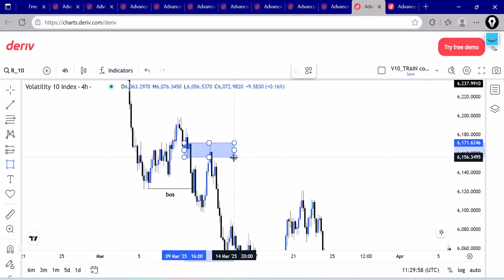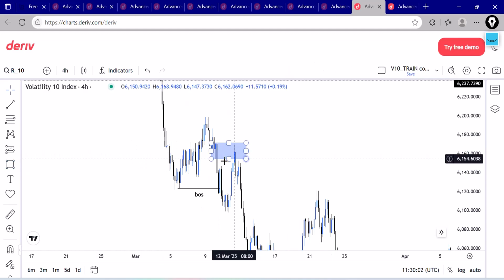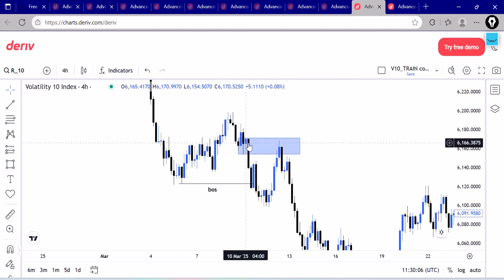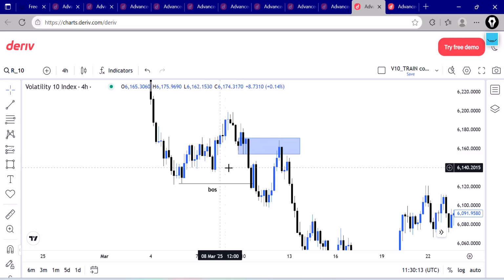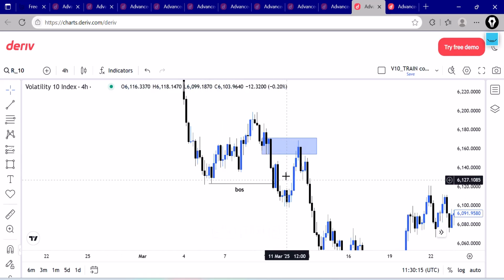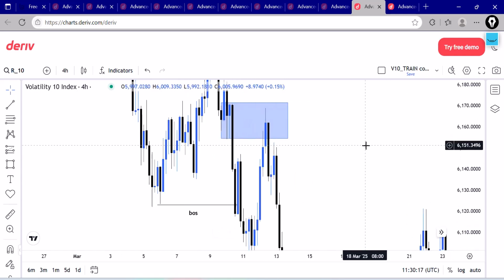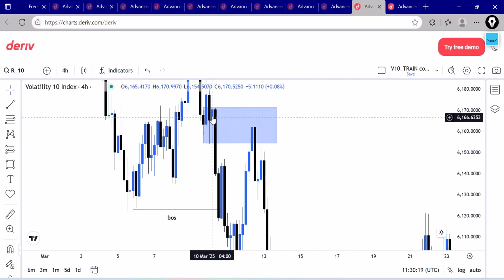So this was the last down candle. This particular candle is the last down candle that caused this impulsive move that broke structure. After that break of structure, there is an imbalance between this candle, this second candle, and this third candle.